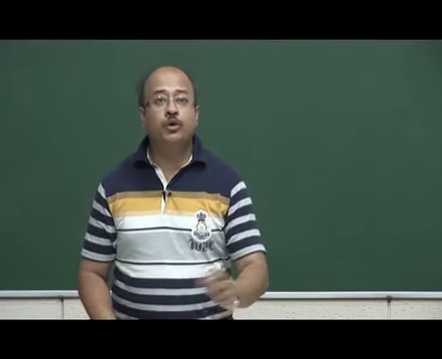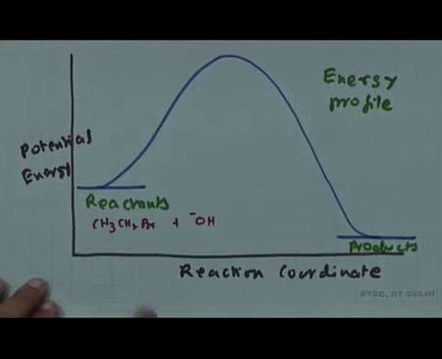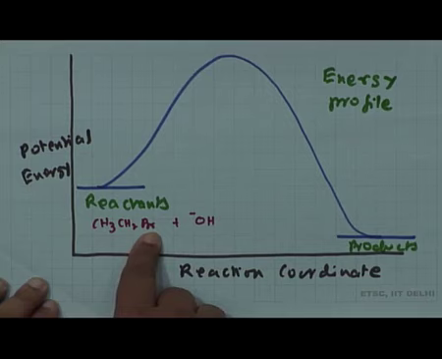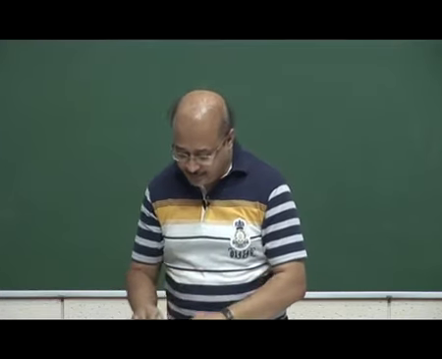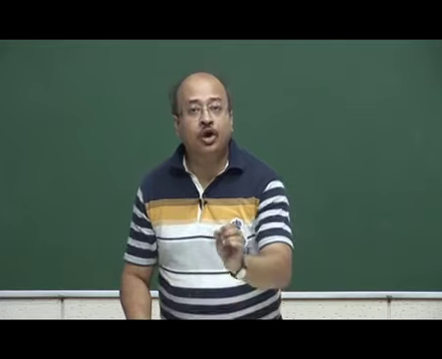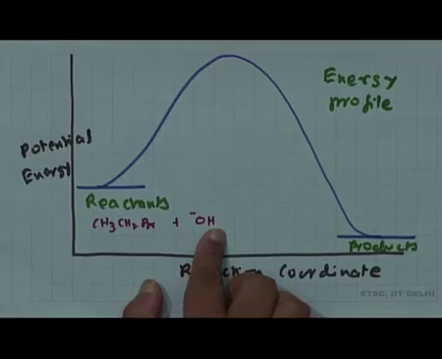See, what are your products? Your products were CH3CH2OH and Br minus, that means the C-Br bond has to break and the C-OH bond has to form. As the reaction proceeds, you can think of the C-Br bond slowly breaking and the C-OH bond slowly being formed.